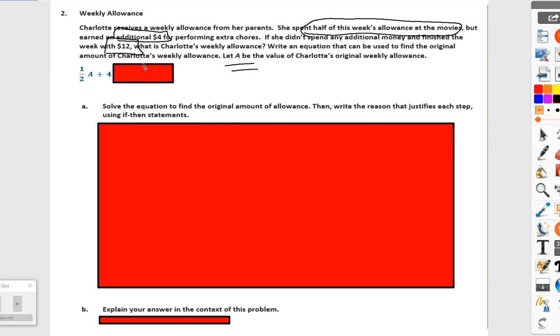If she didn't spend any additional money and finishes with 12, what do we need to write next? Yes, equals $12. So this is what she spent. This is what she still has, or that she earned extra, and this is where she ended her week. So now we're going to have to solve that.